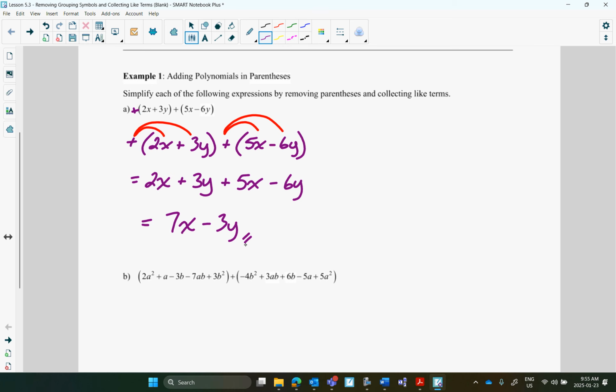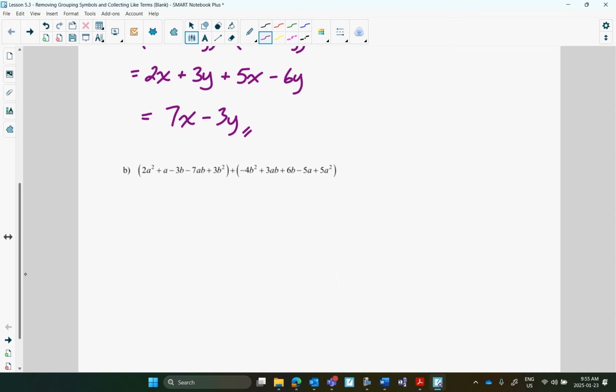Okay. This next one, well, there's nothing in front, so we assume it's a plus. And then we have to apply this plus to every term in the parentheses. But we saw before, it wasn't going to change any signs, was it? Plus 2a squared is just plus 2a squared.